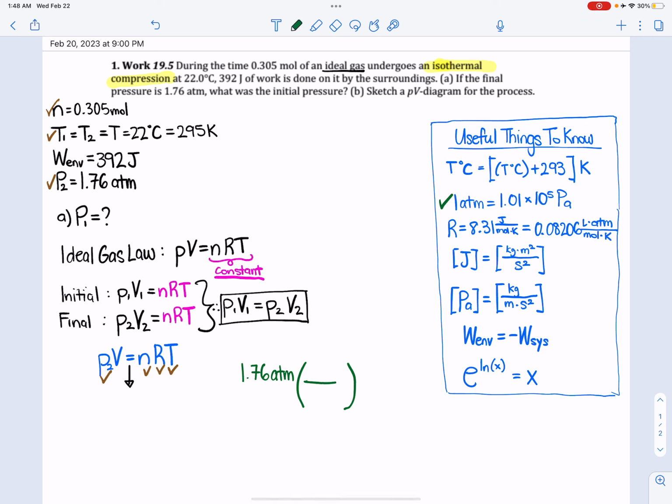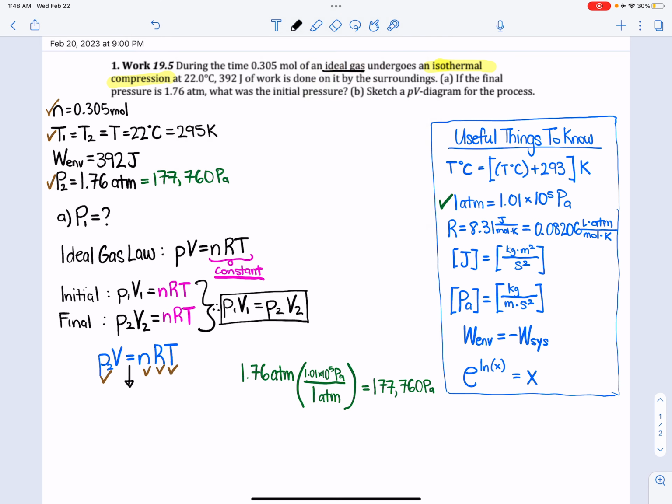So 1 ATM is equal to 1.01 times 10 to the 5th pascals. And that's going to equal 177,760 pascals. So that's going to be my P2.